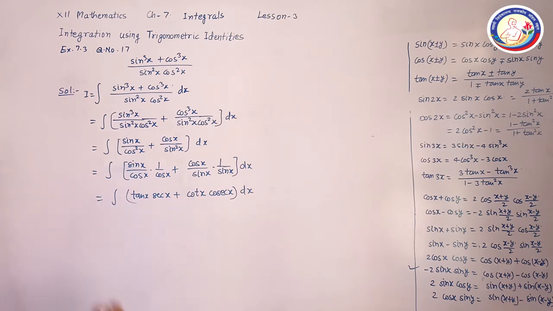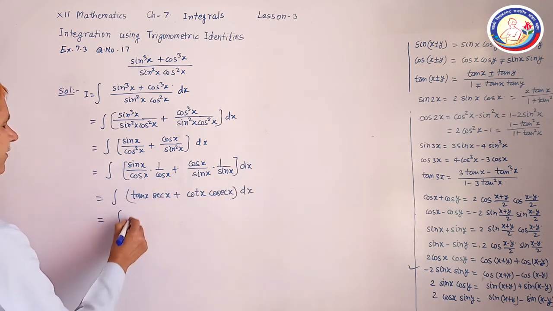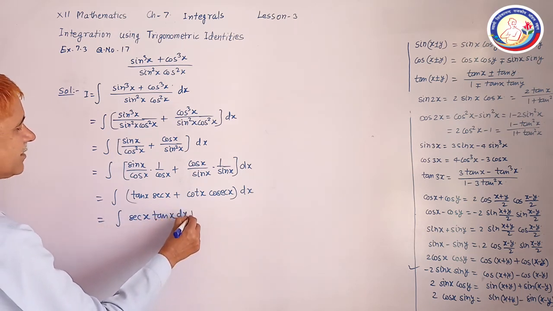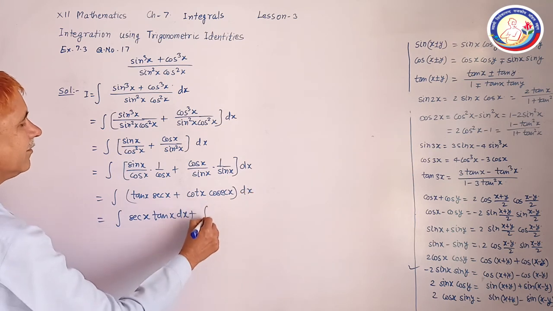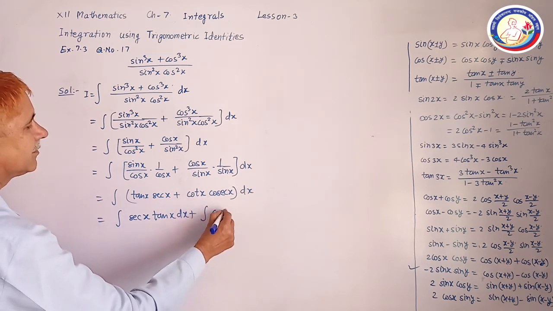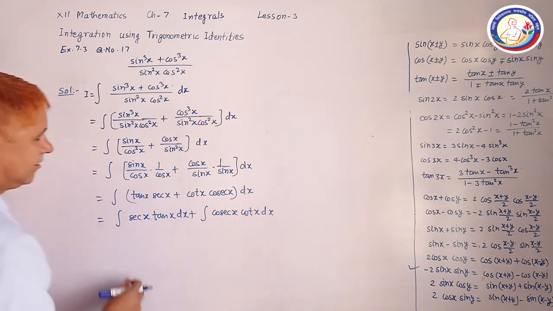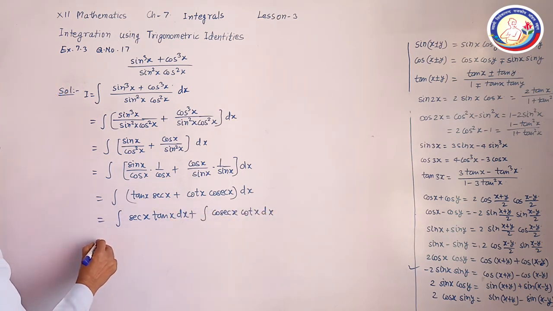So I am arranging them. Integration, we can write it in two parts, tangent x sec x dx plus integration of cosec x cot x dx. These are formulas only, directly.